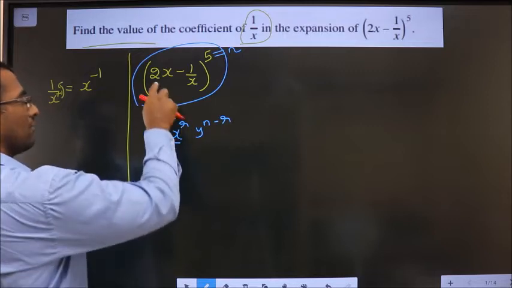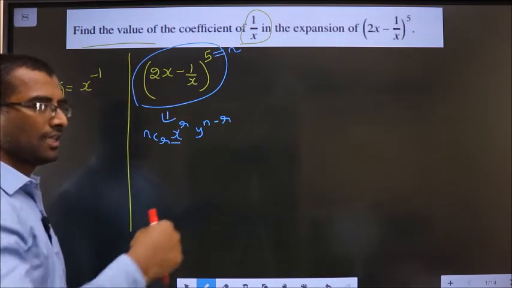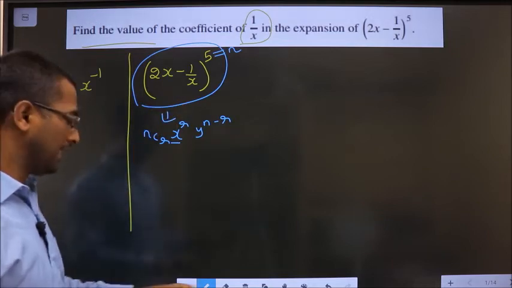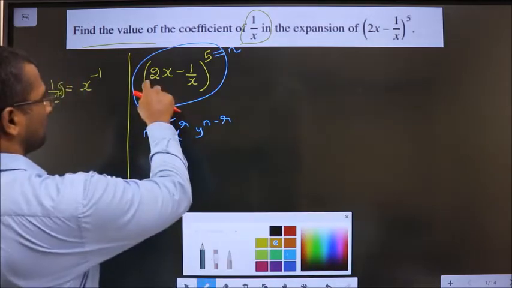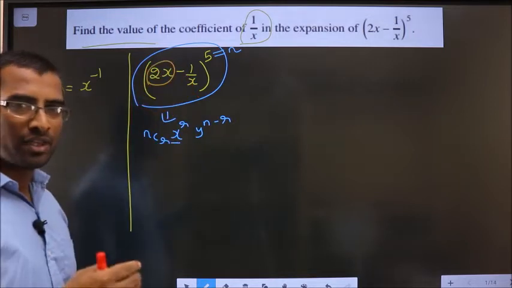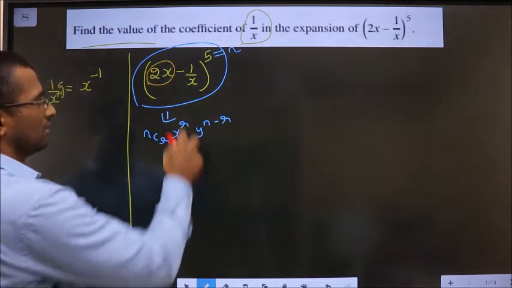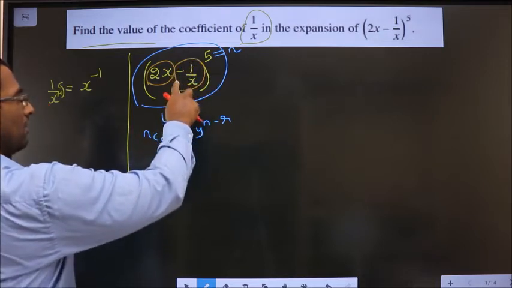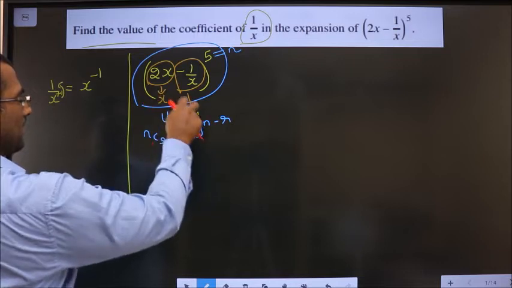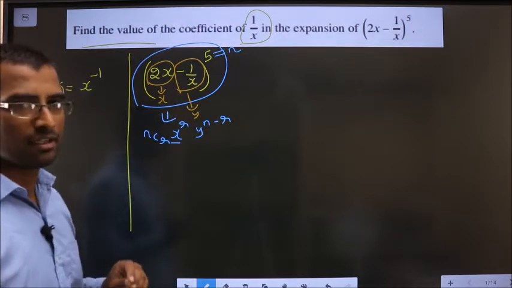X is whichever term has got x in it. Here both of them have got x in it, so you can take any one of them to be x. So let us say I have taken this to be x. The left out one should be taken for y.